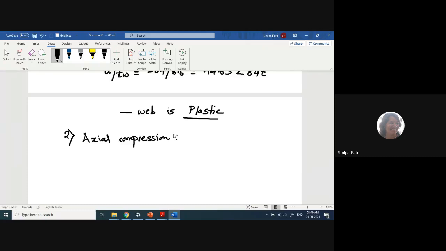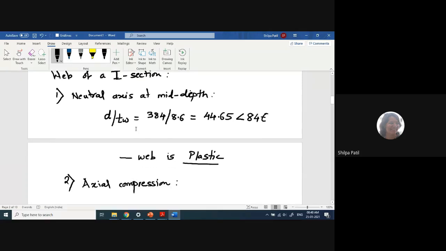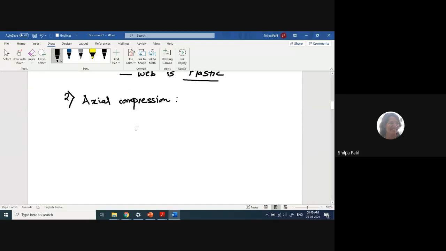In that case, you can skip this calculation. There is no need to show it because we are not using the section as a column. When you are using the section as a column, you can skip the first one. In this fashion, you can reduce your calculation time in the examination.